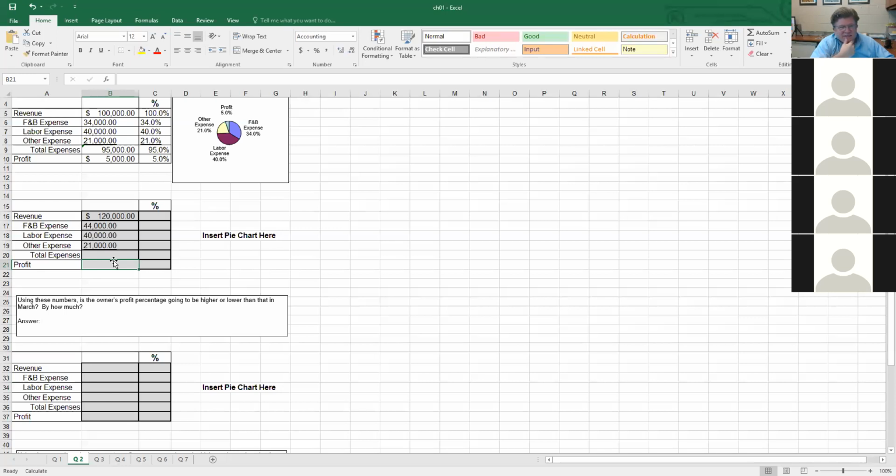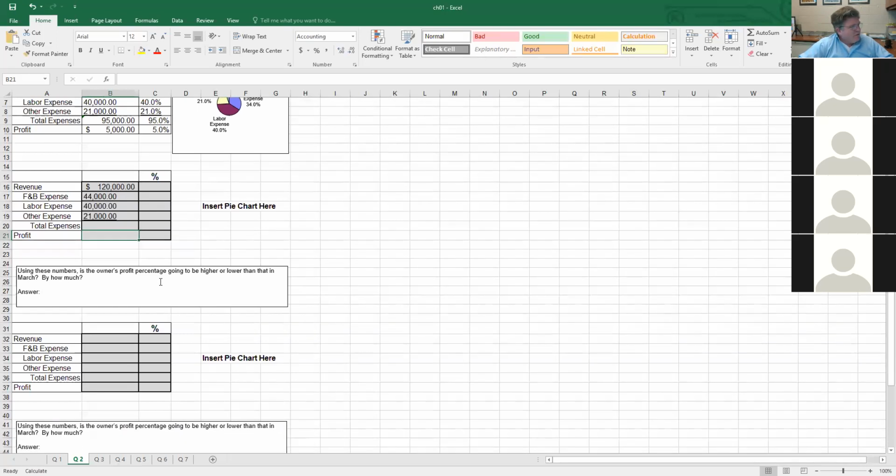Revenue minus expenses gives you the profit. And all these over here are just percentages. You'll divide the number by the revenue, and it'll give you the percentage.